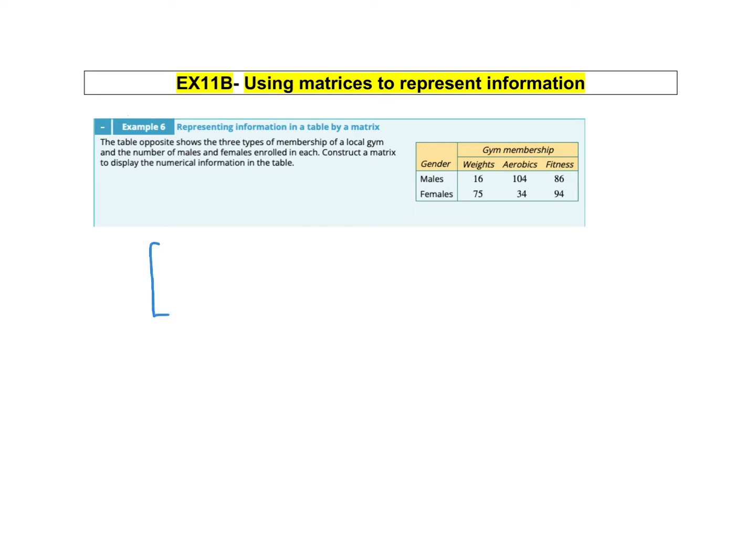So we're going to do a 2 by 3, and all you have to do is type it into a matrix as such. Okay, and things that you have to look at is obviously the rows are males and females, and the columns were the type of fitness class or something that they did.